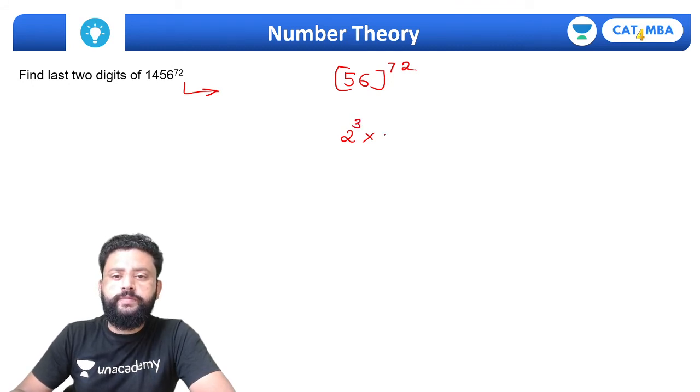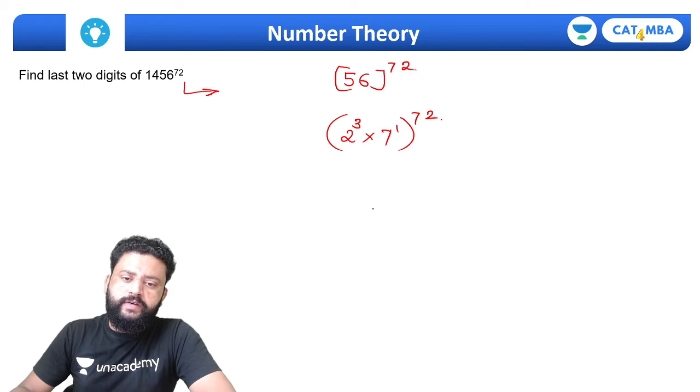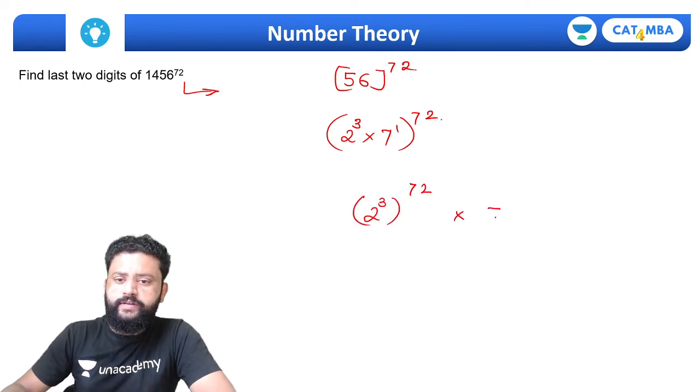So 2 cube into 7 to the power 72, which is nothing but 2 to the power 3 to the power 72 into 7 to the power 72.